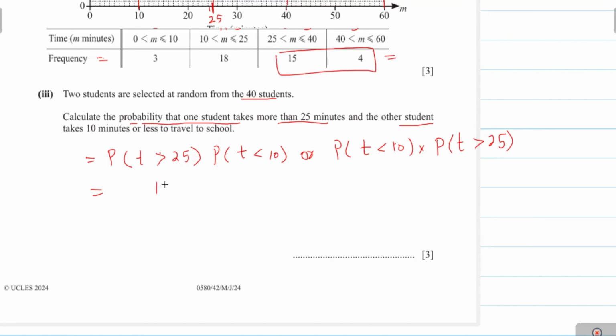Therefore, the probability will be equal to 19 divided by 40 students.